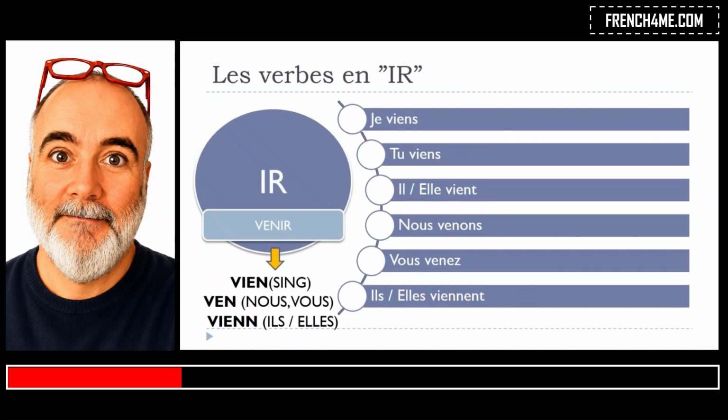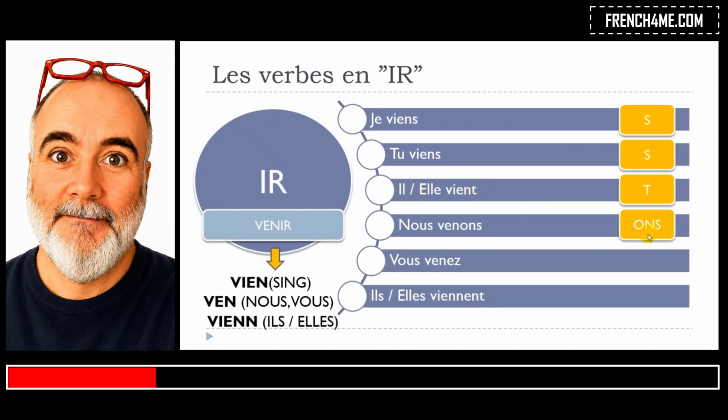Okay, and so this is normally what is difficult, trying to remember how to conjugate them, and especially keeping in mind that for the singular you will put this VIEN, and then you will add S for je, S for tu, and T for il, elle. Okay, and phonetically it's the same form. So you get je viens, tu viens, il vient, elle vient.